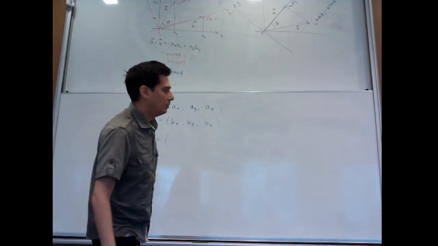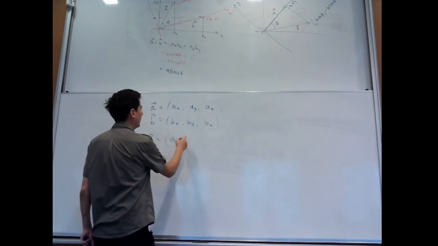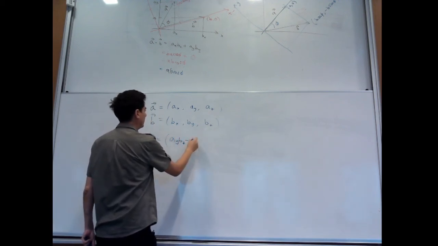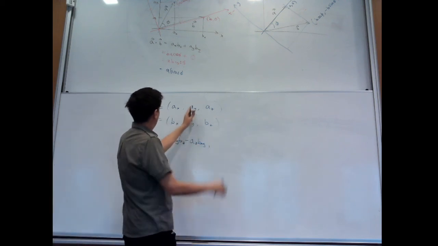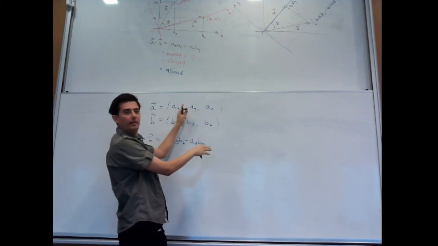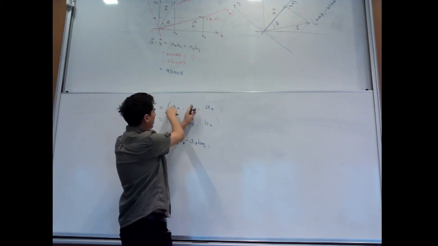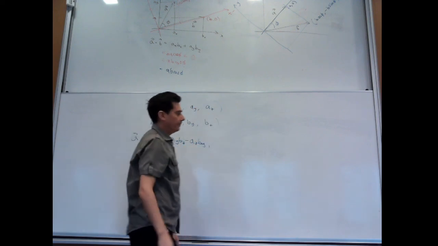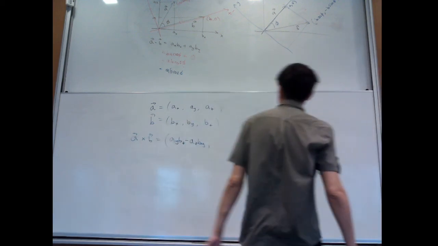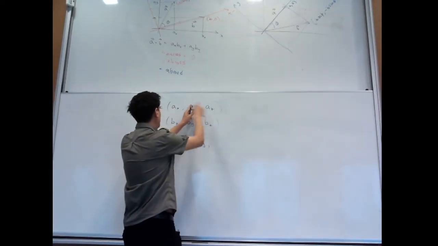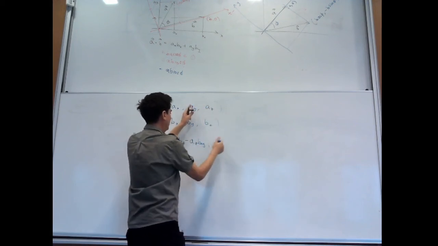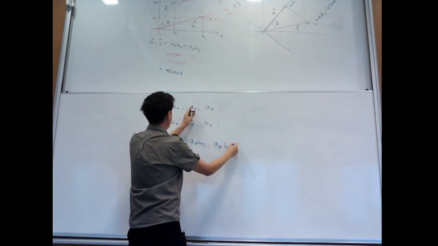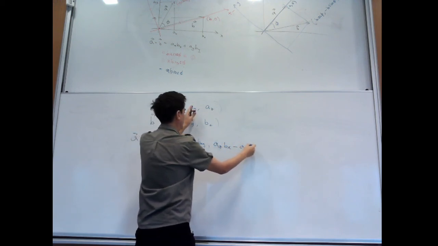Okay, it seems a super weird rule. AY BZ minus AZ BY. To get the y component, you look at all the components which are not y, and then you multiply the ones kind of diagonally like this. So it's AZ BX minus AX BZ.